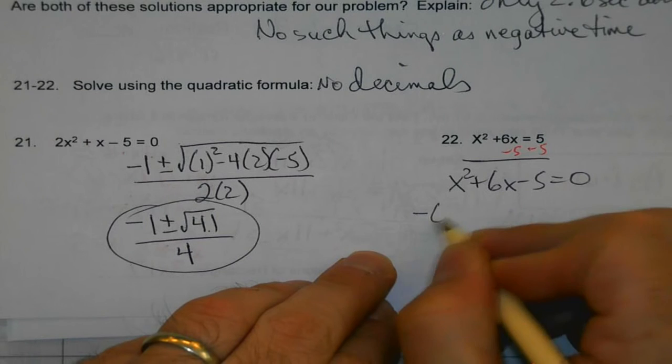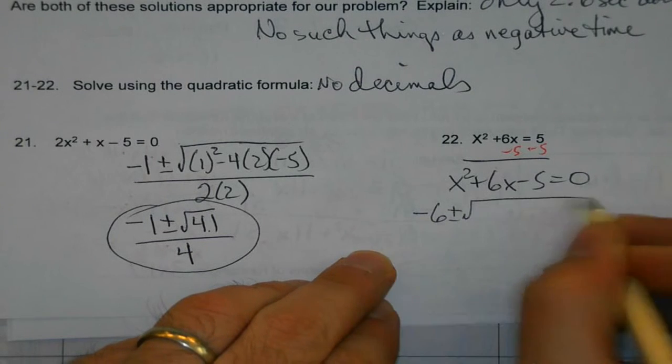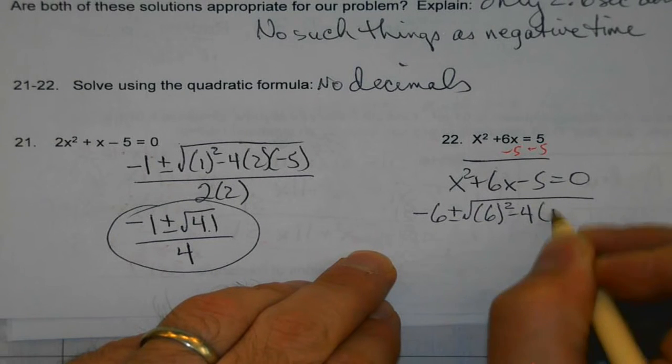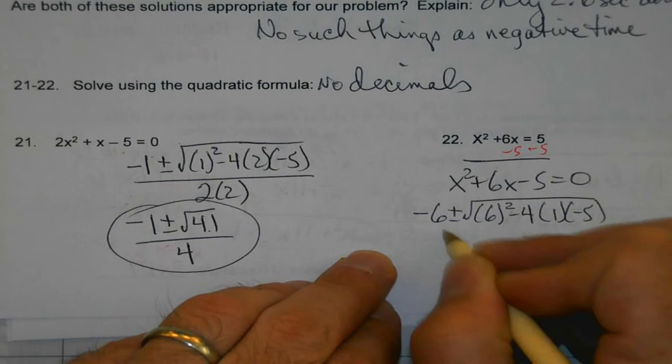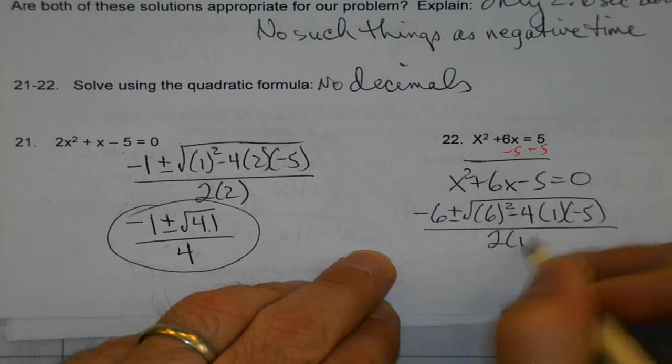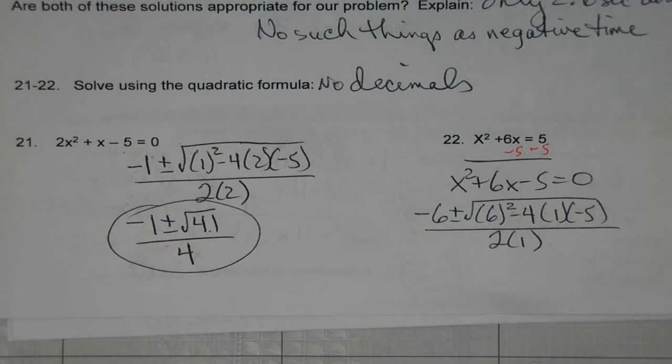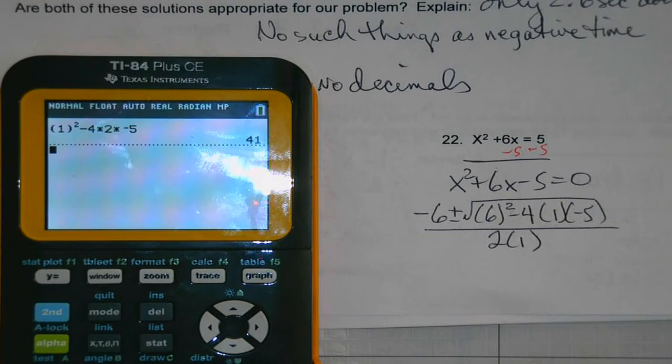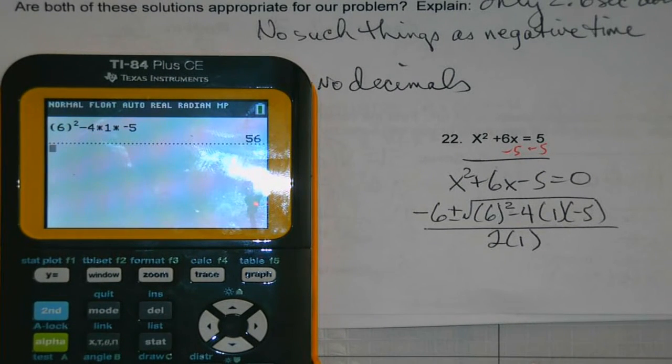Your opposite of b. Your square root of b squared minus 4ac all over 2a. And one more time here, stuff underneath the parentheses, no, let me repeat it again, okay.